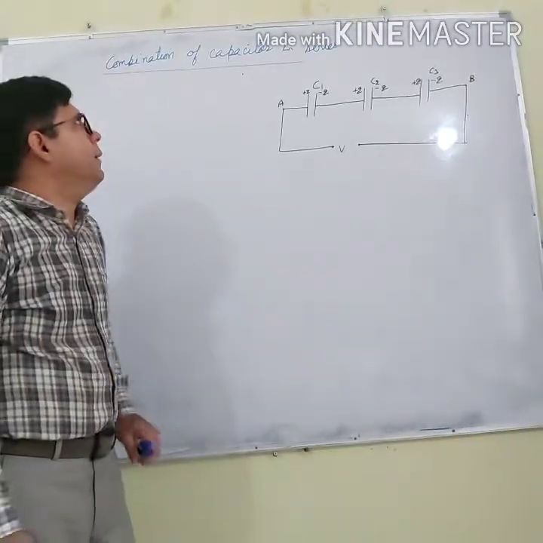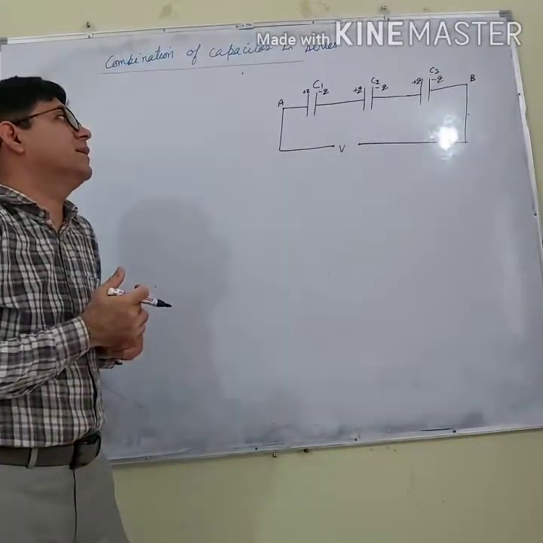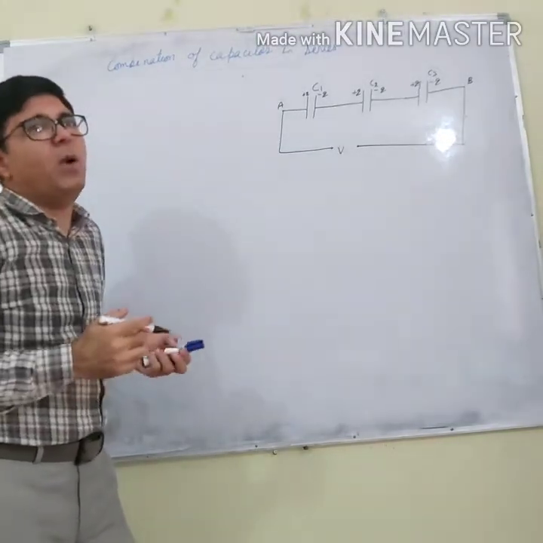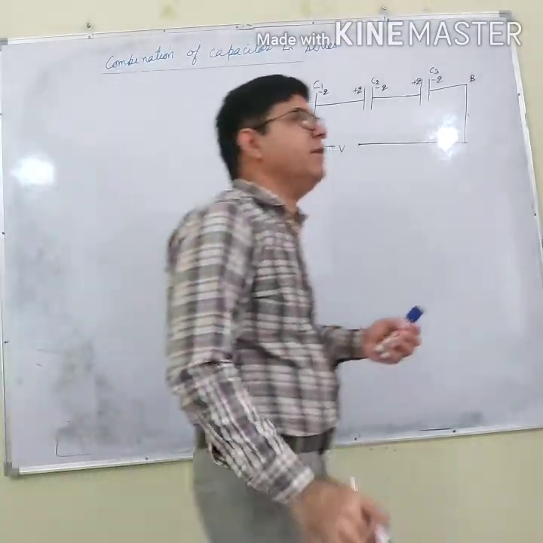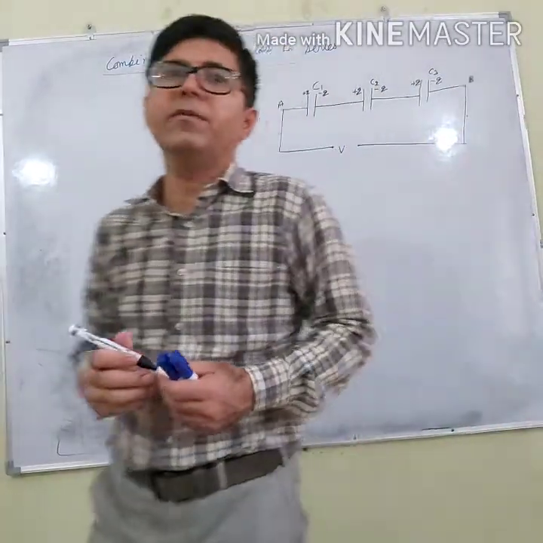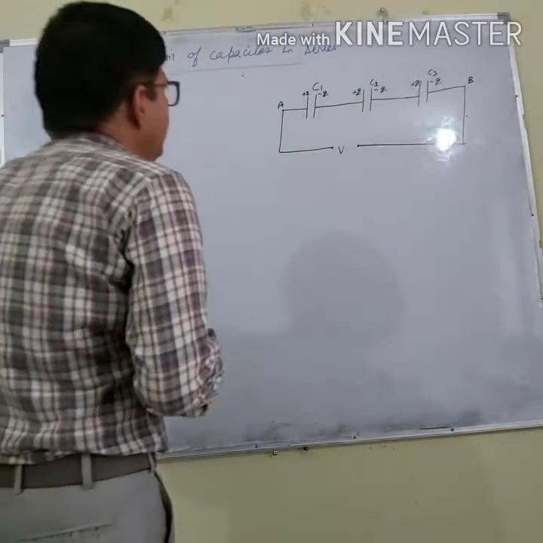Right? Now what is my target? My target is to find the total capacity in the series combination. So how can I find it? It is very, very simple.